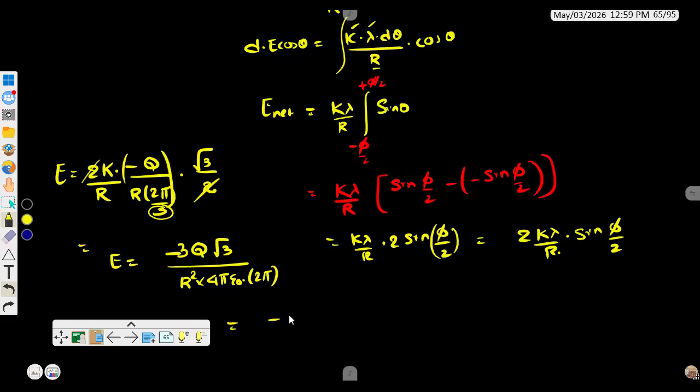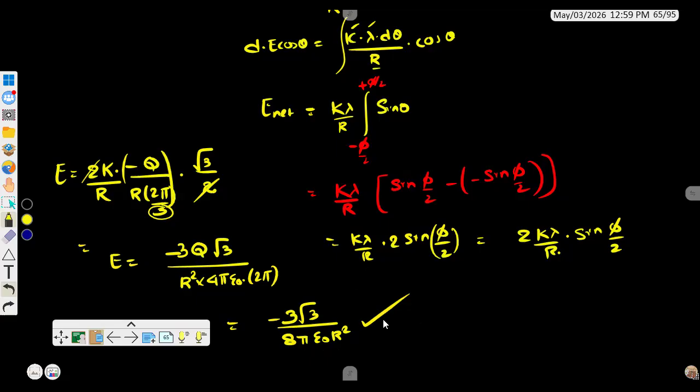That would be minus 3 root 3 q upon 8 pi epsilon naught r square. So that would be our field, and the answer for this question would be this much.